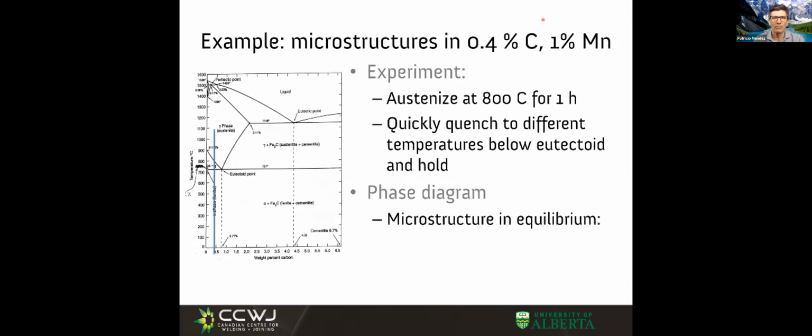So we looked at iron by itself, and we saw that the atoms in iron arrange in different ways depending on temperature. And I just happened to have this slide here.